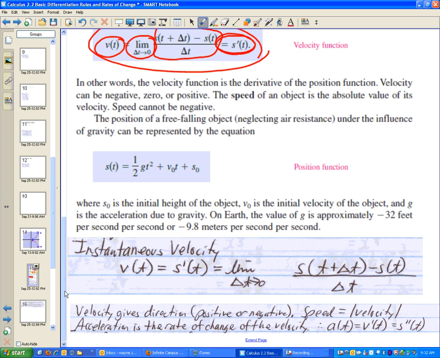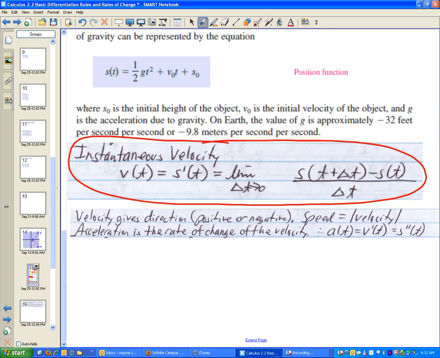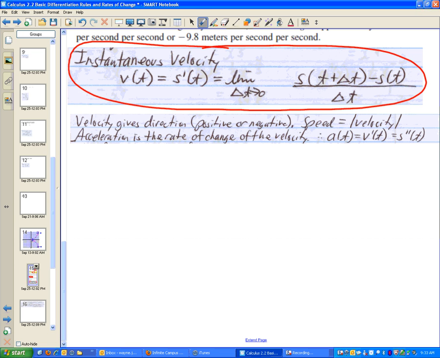So put this in your notes. And if you're following along in the book, we're actually over on page 114 now.